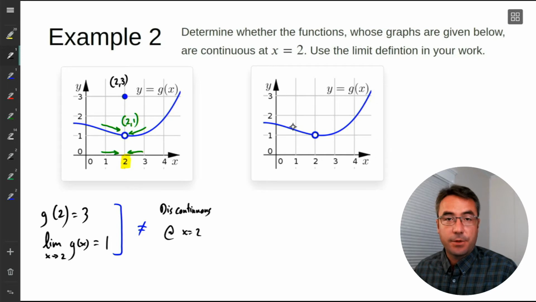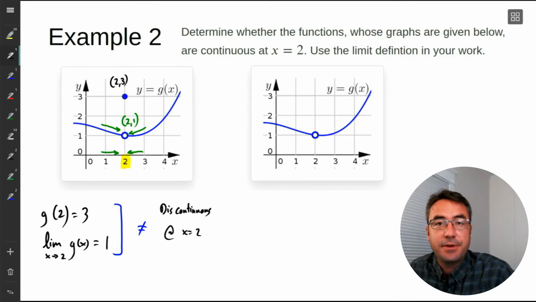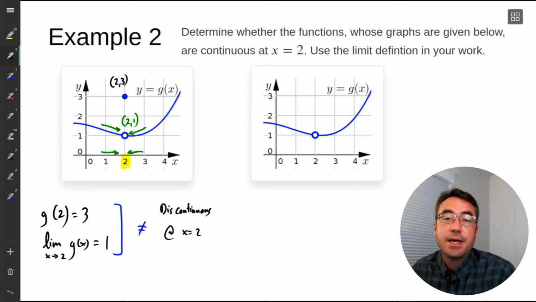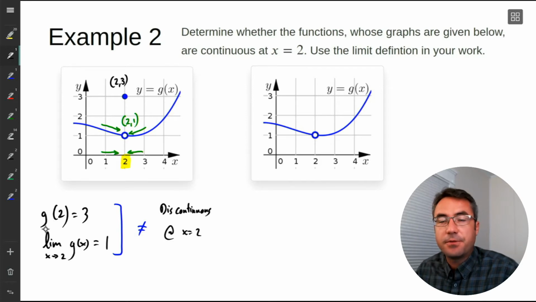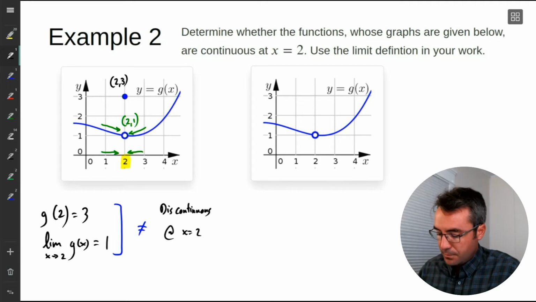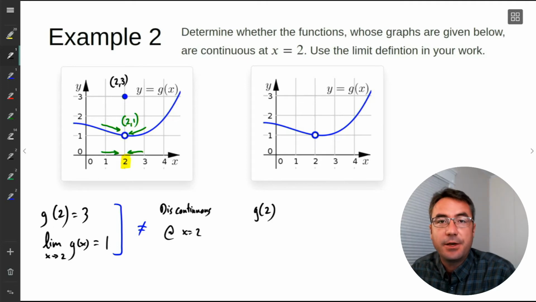So we're given the graph of some function, and let's figure out from our limit definition if this thing is continuous at x equals 2 or not. And again, the way we get started is first just look at the function value. So we want to actually try to evaluate our function.